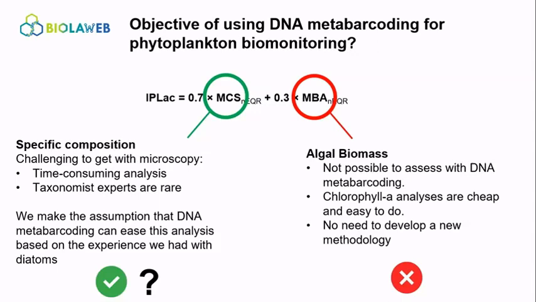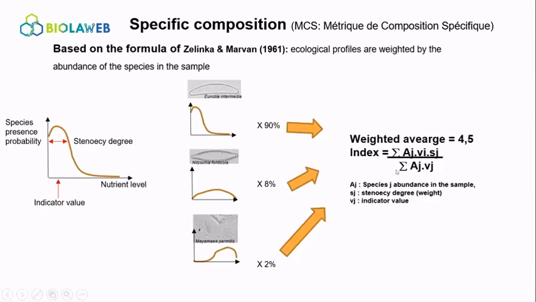I'm really not sure. You mean the calculation, yes. So the calculation of the MCS is this weighted average. Sorry, I should correct: it's not the abundance, it's the biomass. The biomass of a species is multiplied by the indicator value that you find in the IPLAC methodology, and again the stenosis degree that you find in the IPLAC methodology.